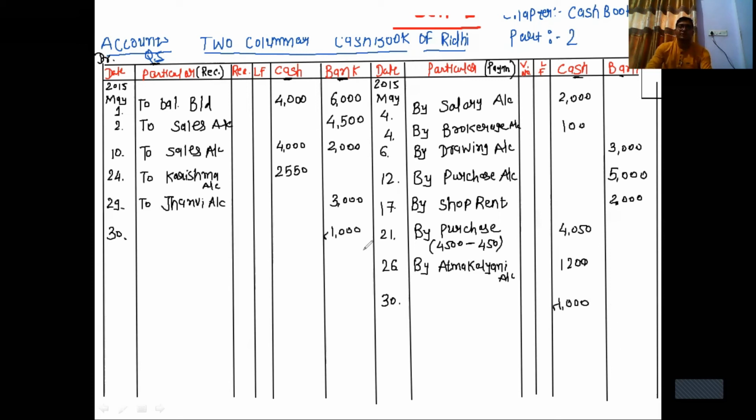Now here a single transaction has two entries. So we have to write the name of the opposite account. If we write the amount in the bank column, we write to cash account. And here the amount is in the cash column, so we write by bank account.